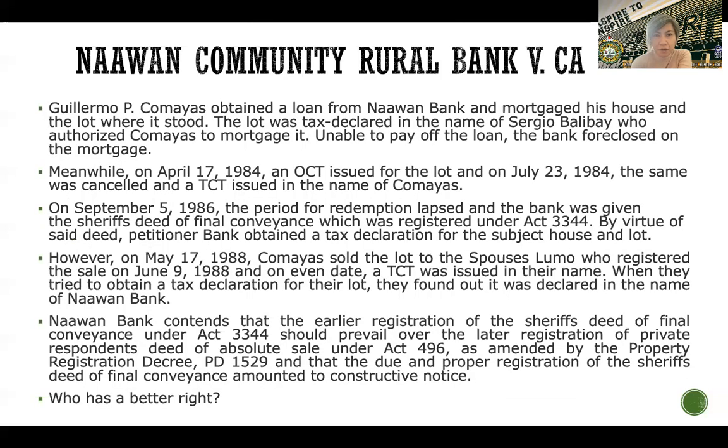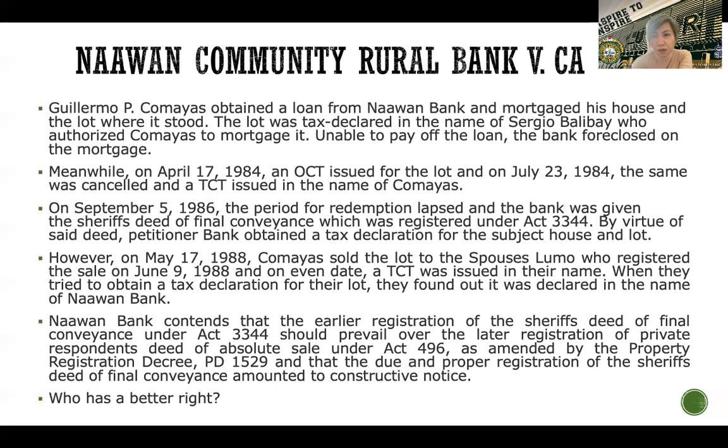So what happened in the case of Naawan Community Rural Bank versus CA? So in this case, guys, Guillermo Comayas obtained a loan from Naawan Bank and mortgaged his house and lot. So this particular lot that was mortgaged was actually declared sa tax declaration in the name of Sergio Balibay.